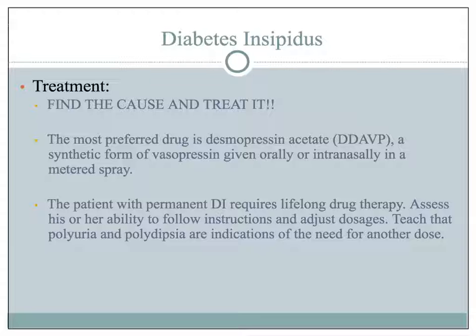With episodes of stress, the dose may need to be changed. So they have to monitor themselves, and if they're putting out a lot more urine, they might need to take an extra dose of their DDAVP. Teach that polyuria and polydipsia are indications for a need for another dose, and that can happen in times of extra stress and things like that.